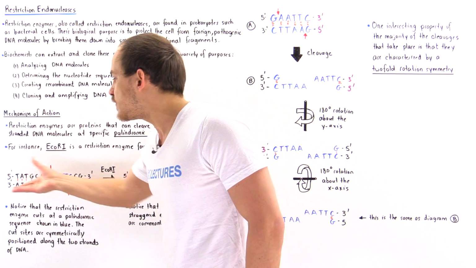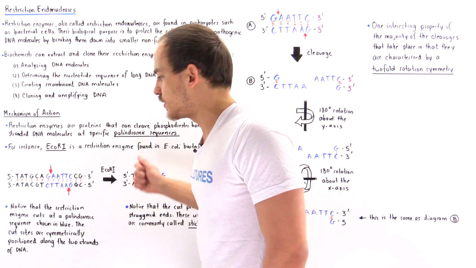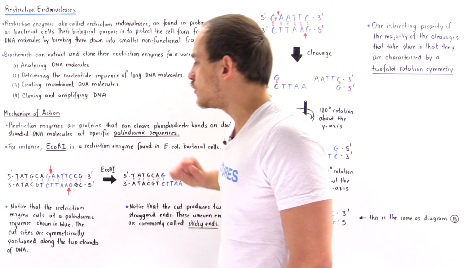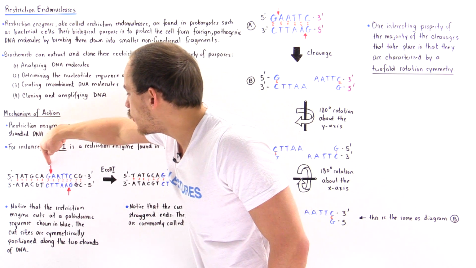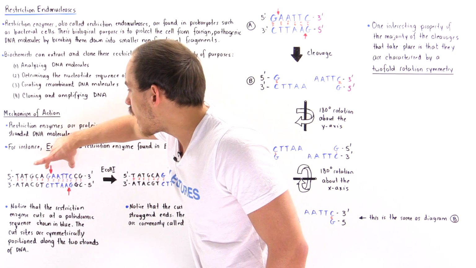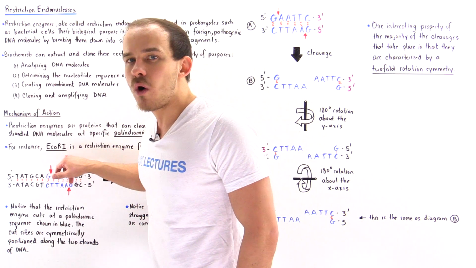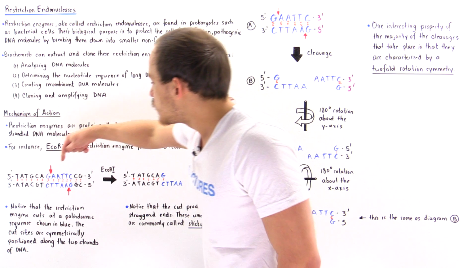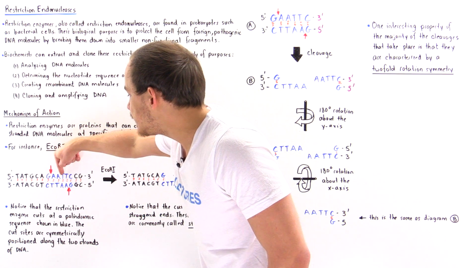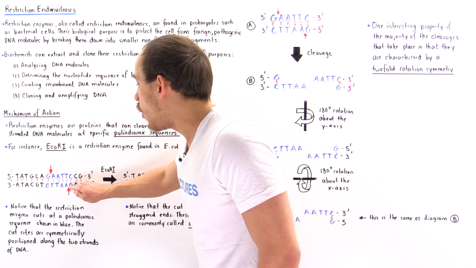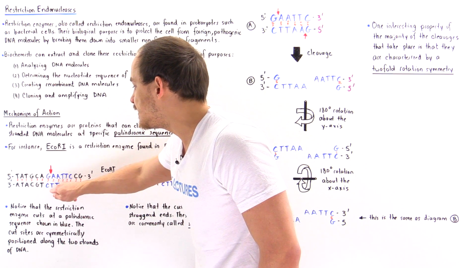So notice we have a double-stranded DNA molecule, we have one strand, and then we have the complementary lower strand. And notice the blue section describes the palindromic sequence where EcoR1 actually cleaves. So we have GAATTC, and then if we read this way, we also get GAATTC.